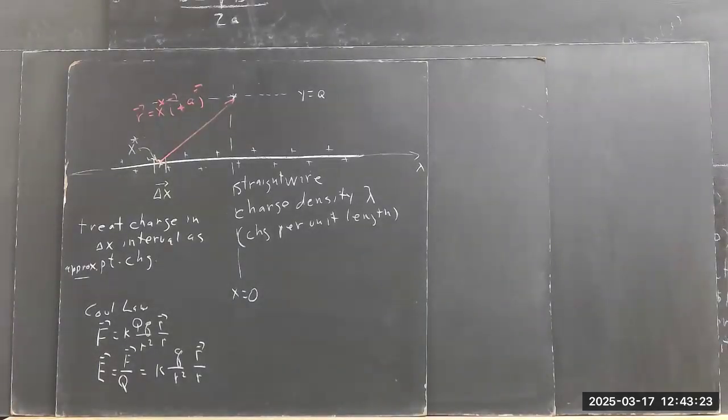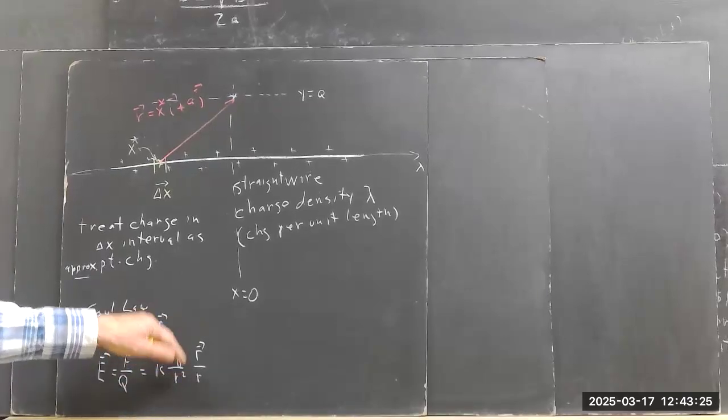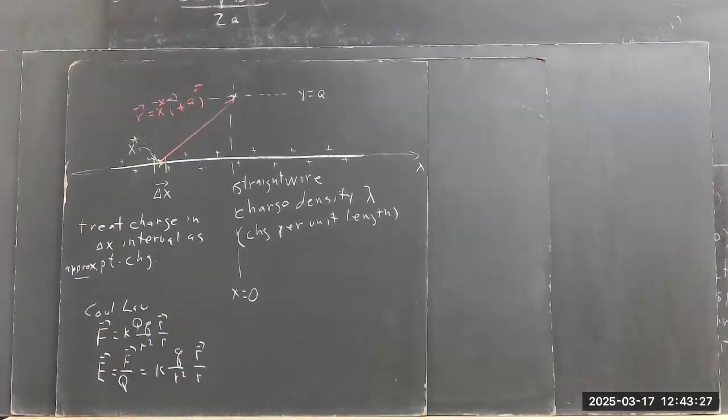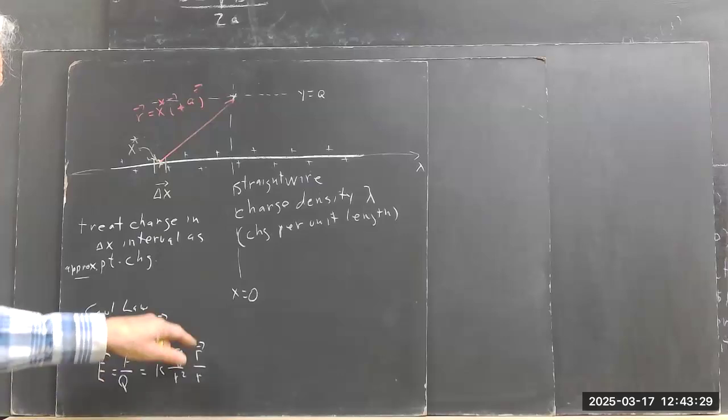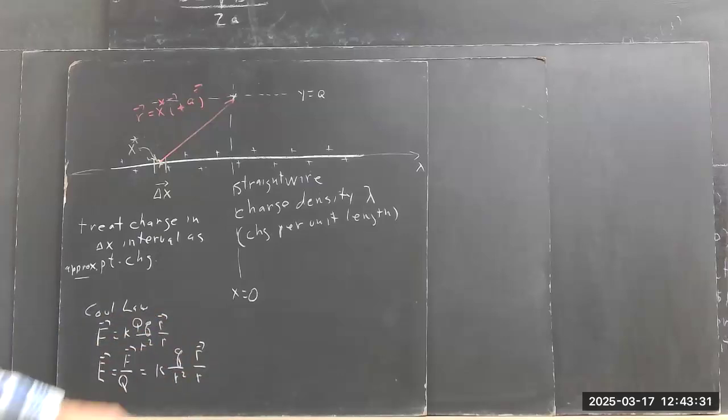Now, the book often writes this as an r hat, which is a unit vector, but I prefer just to write r over r, the r vector over its magnitude. But we understand this is a unit vector. Okay, so we got our r vector. k is the universal constant. What's the only thing we don't know?